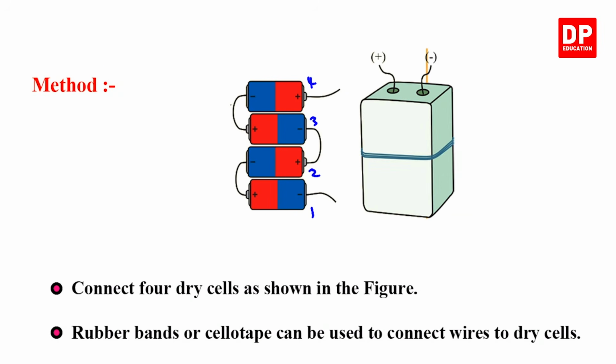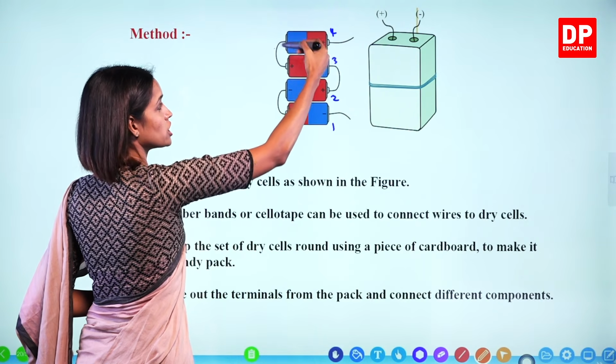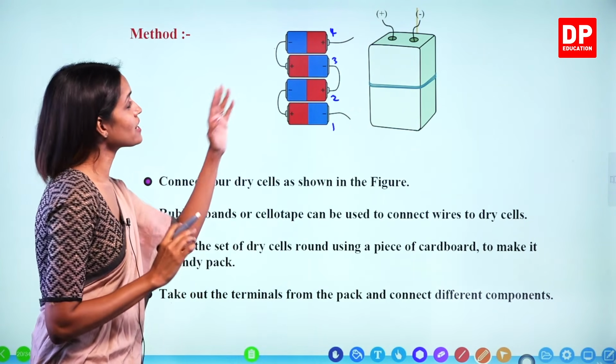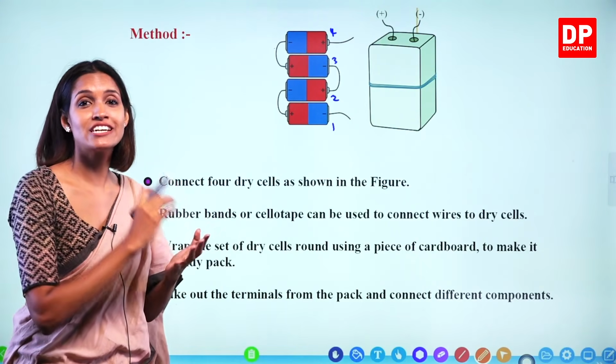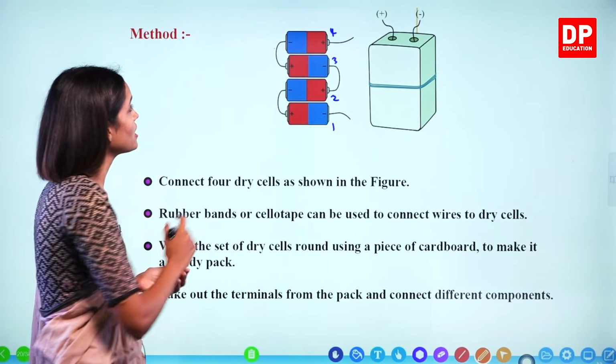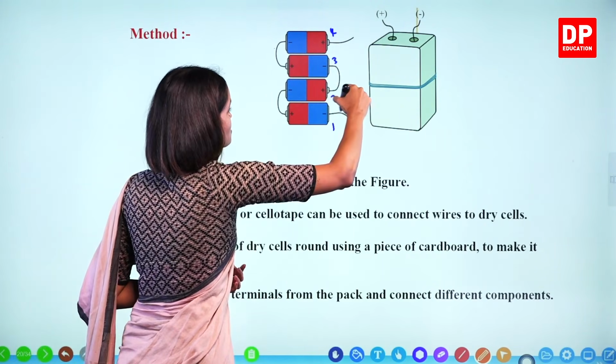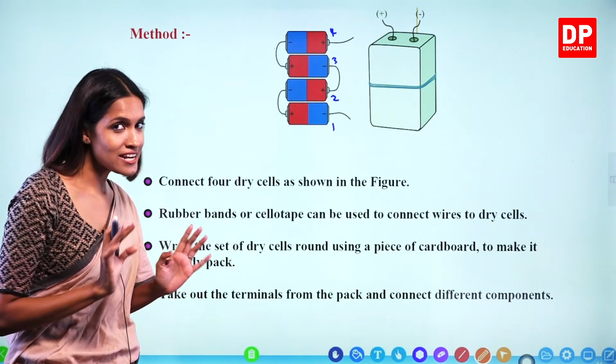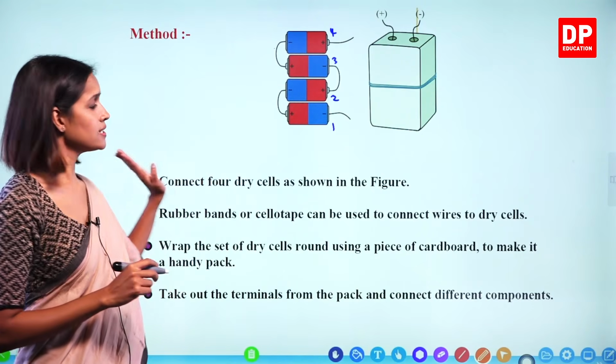And the negative terminal of the fourth cell is connected to the positive terminal of the third cell. So that is the method that you have to connect these cells. Okay. So from the free ends, you have to connect 2 pieces of wire. Understand?